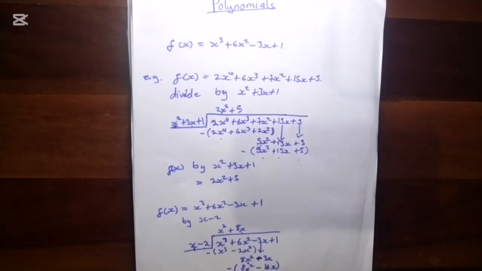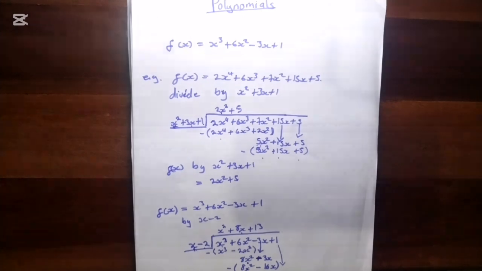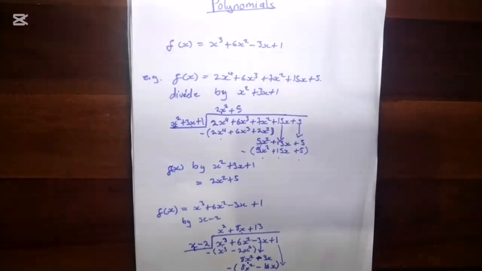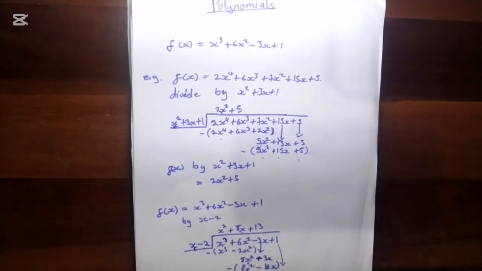If we subtract, we remain with 13x. Then we bring down the positive 1, plus 1. Then x into this, we get positive 13. And we multiply that, we get 13x and negative 26. Then subtract, we're going to have a remainder of 27.